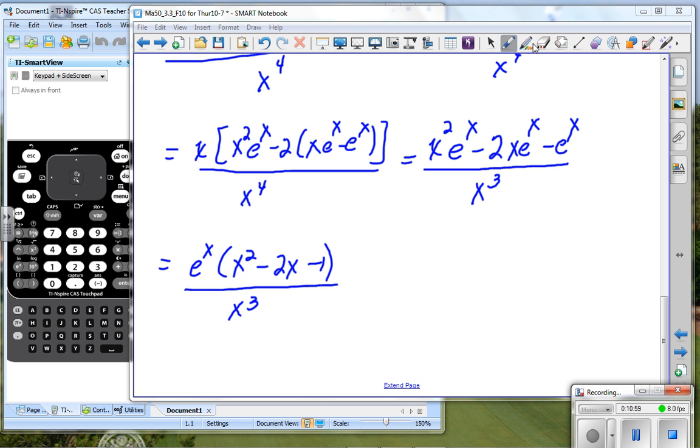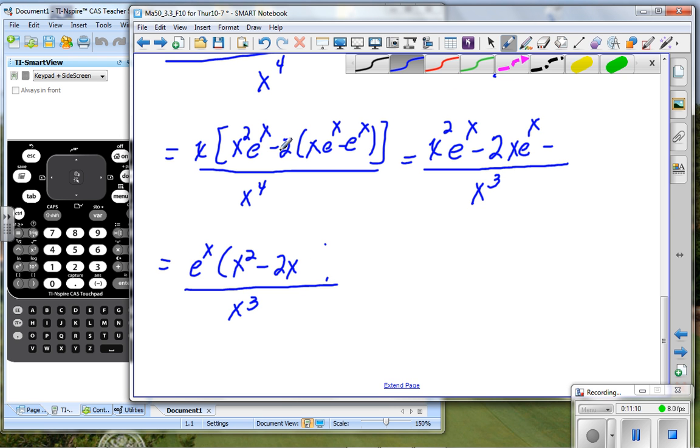Okay, now I just noticed an error that I have. Did you catch it? I forgot to distribute the -2 through there, so let's go back and clean up my work here. If I distribute the -2 with that, I would have plus 2e to the x, and factor out an e to the x. This would give me plus 2.